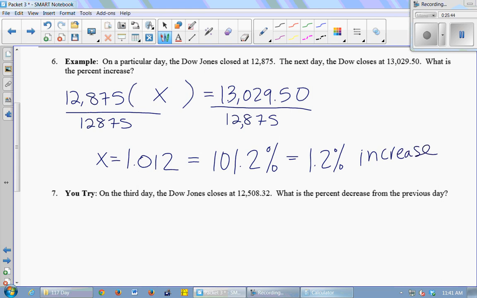So you could either say it's 101.2% of what it was, which represents a 1.2% increase above what it was. Right? Because the 100% we already had. We started with 100%. Now we have 101.2%. So that means we gained or increased by 1.2%.